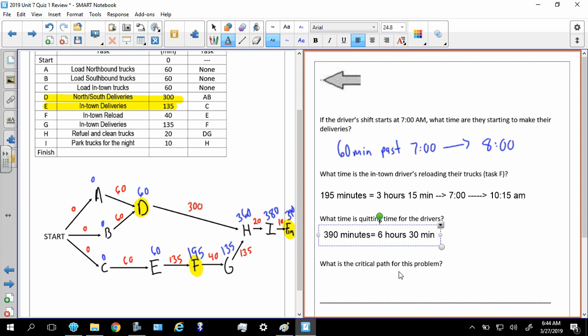So again, if the problem started at 7 a.m., the final answer would be, looking at my clock, 1, 2, 3, 4, 5, 6, 1:30 p.m.